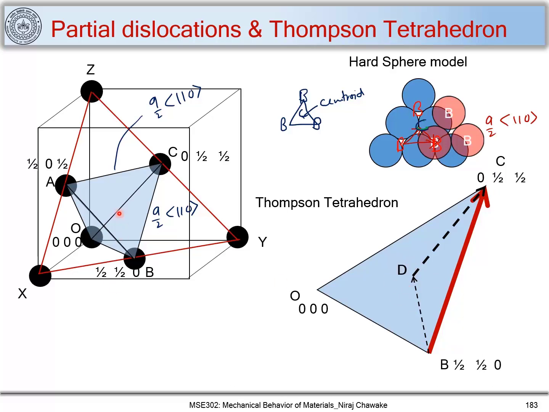So let us see how it is happening over this tetrahedron. You have this atom B moving to position C, and it moves via the centroid of this triangle. Let me mark that. So it moves here.